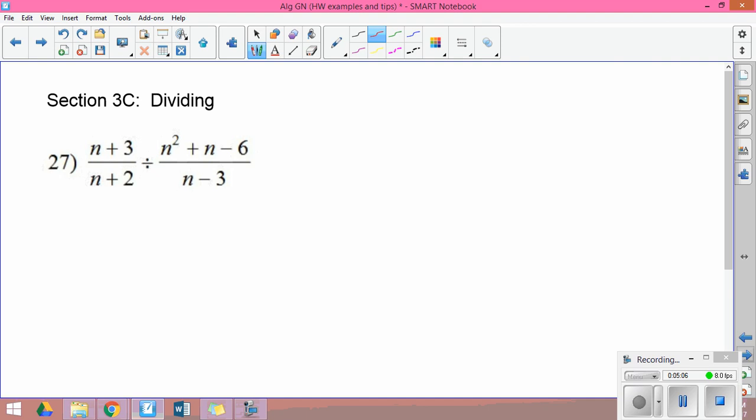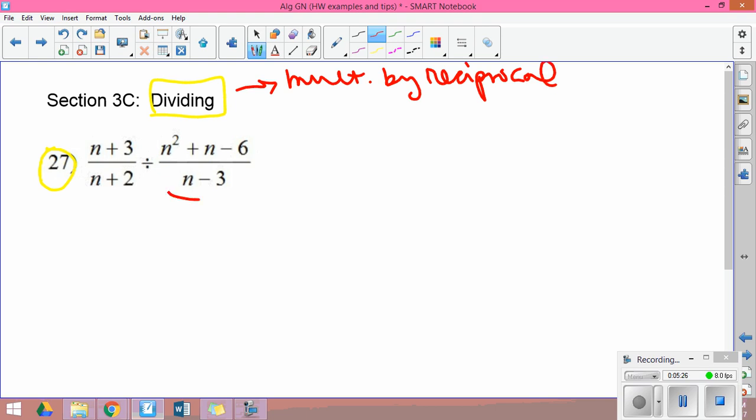If we go on and look at number 27 in your homework, we're going to switch to dividing. And the only thing there is when we divide fractions, you actually multiply by the reciprocal. So we are going to flip the second fraction over and change it to multiplication.